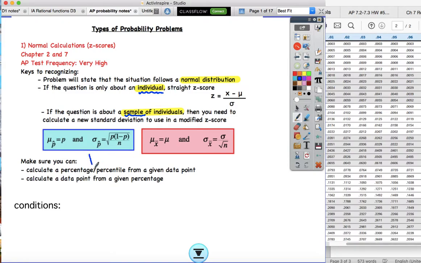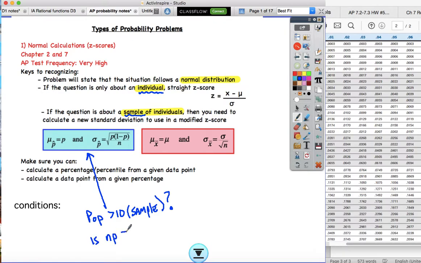So if you are dealing with a problem involving proportions, the conditions that you need to check are, is the population more than 10 times the sample size? And is the sampling distribution approximately normal?